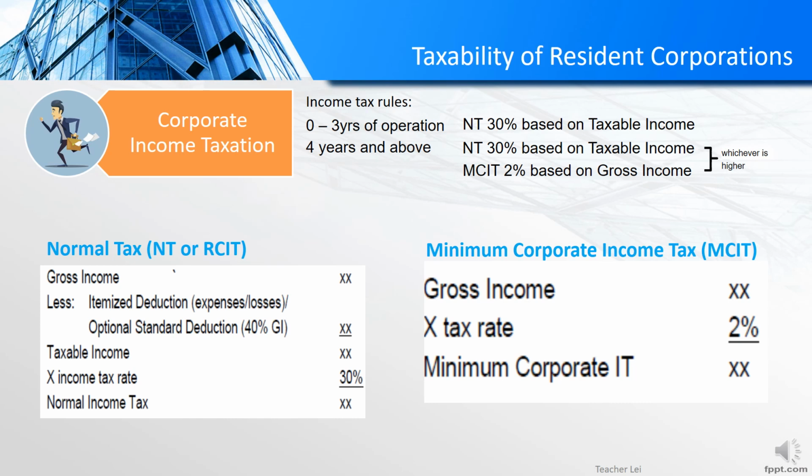Take note that gross income includes gross profit from sales, or it also includes those passive income that are not subject to final income tax, and those capital gains that are not subject to capital gains tax.